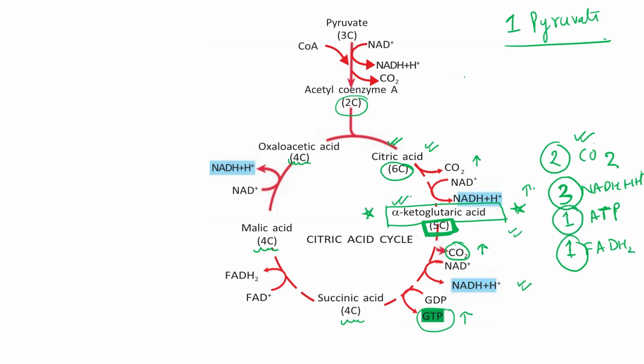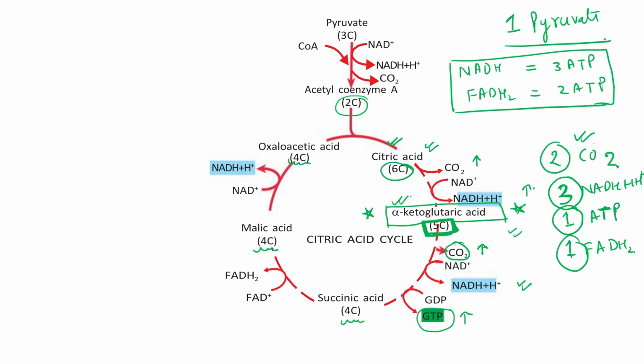And as you know, 1 molecule of NADH is equal to 3 molecules of ATP, and 1 molecule of FADH2 is equal to 2 molecules of ATP. But you will get these ATP molecules during the next stage, the electron transport chain, not here.